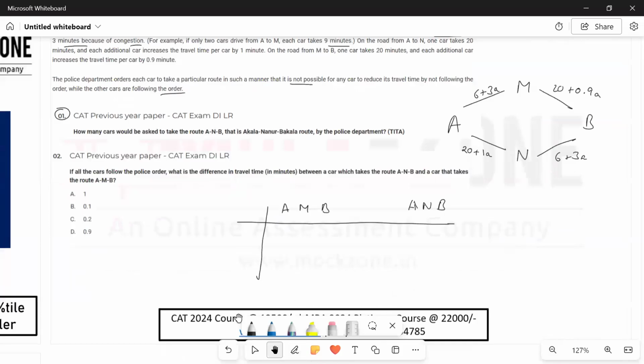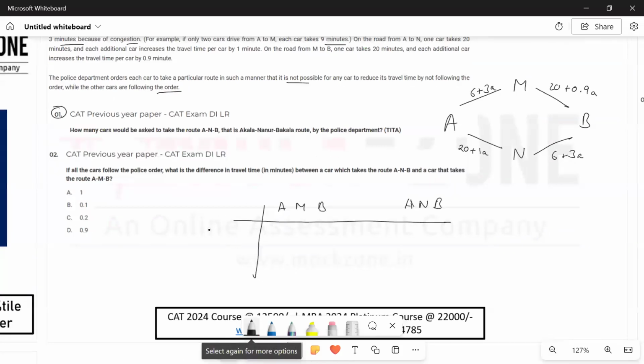Let's say there is one car traveling from A to M to B, and there are three cars traveling from A to N to B. This will be one case. The other case will be 2 and 2 on each route. And the third case will be 3 on A M B and 1 on A N B. Let's consider these three cases first.